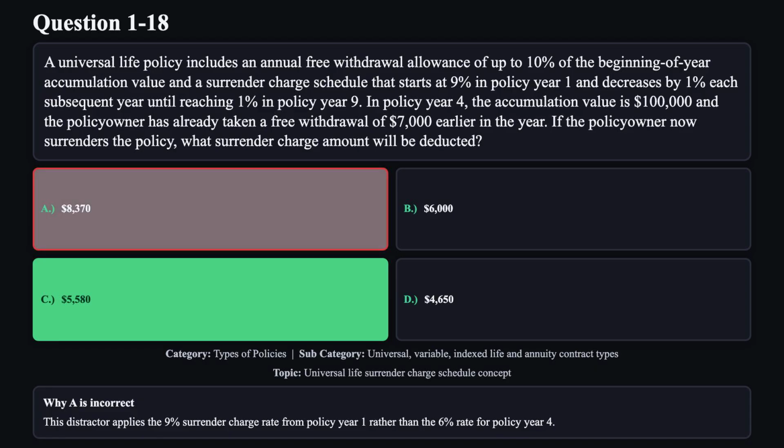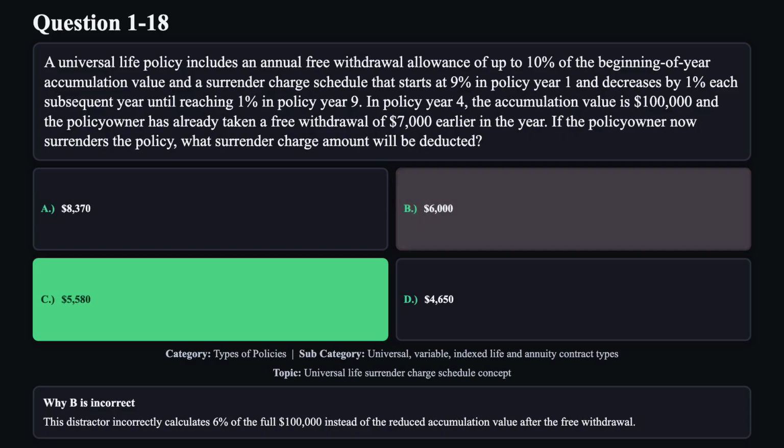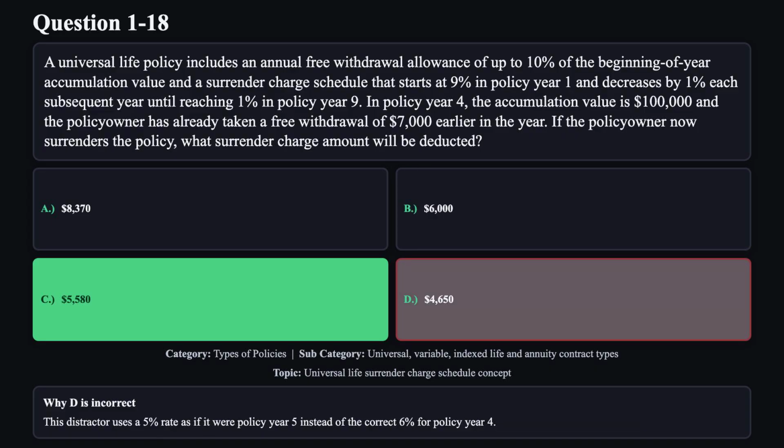This distractor applies the 9% surrender charge rate from policy year 1 rather than the 6% rate for policy year 4. Reason B is not correct. This distractor incorrectly calculates 6% of the full $100,000 instead of the reduced accumulation value after the free withdrawal. Reason D is not correct. This distractor uses a 5% rate as if it were policy year 5 instead of the correct 6% for policy year 4.